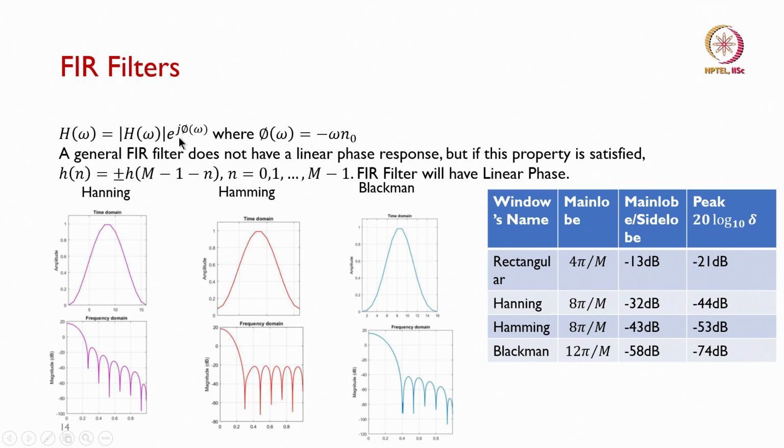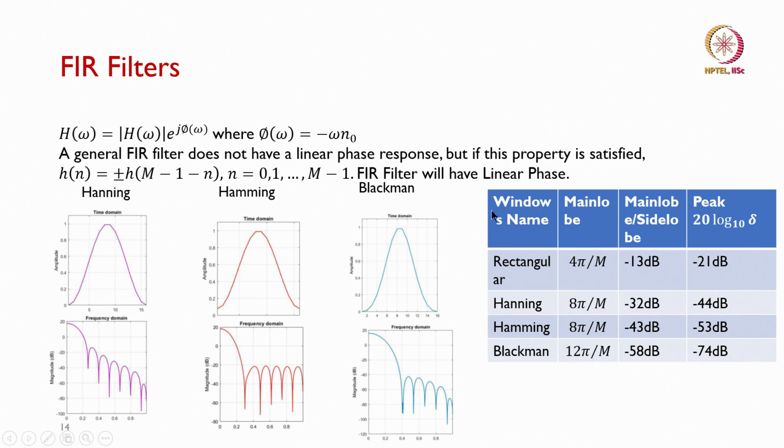It is given here: magnitude of H of omega into e power j phi of omega, where phi of omega is nothing but minus omega into n naught. We achieve linear phase when we consider symmetric coefficients, that is, h of n is plus or minus h of M minus 1 minus n, n going from 0 to M minus 1, where M is the order of the filter.